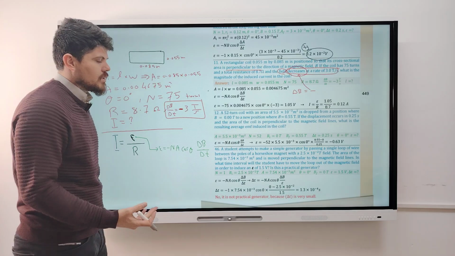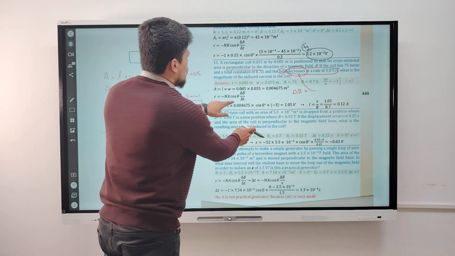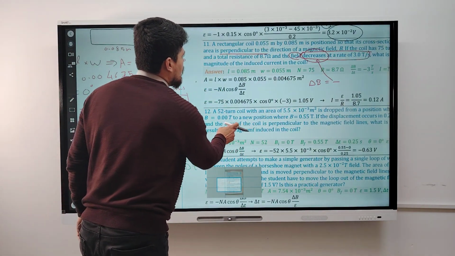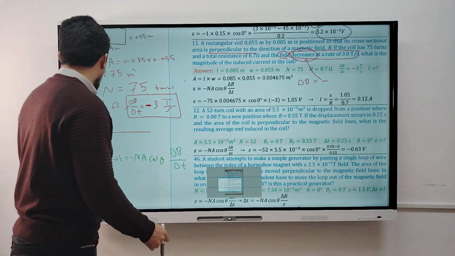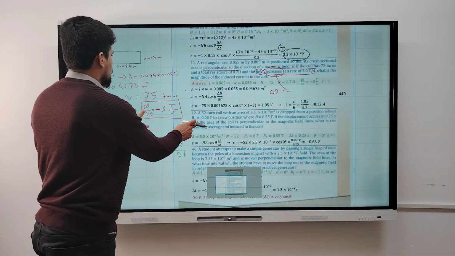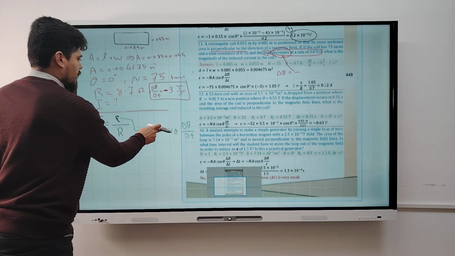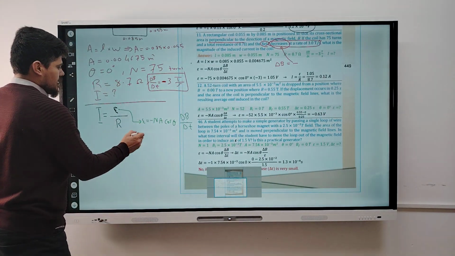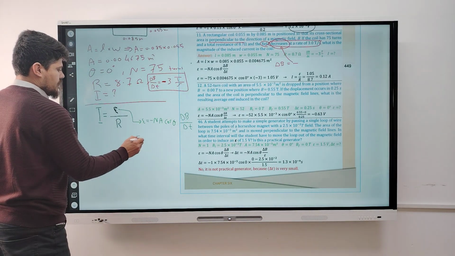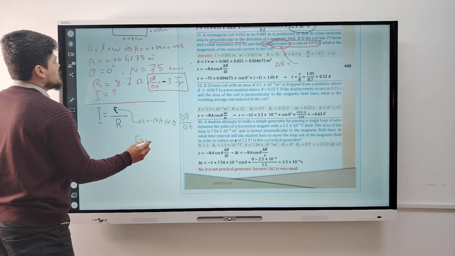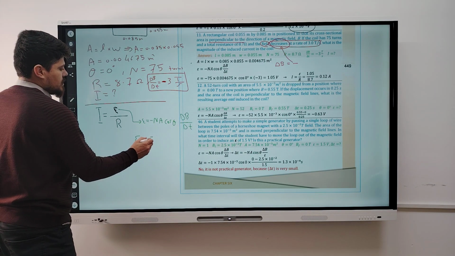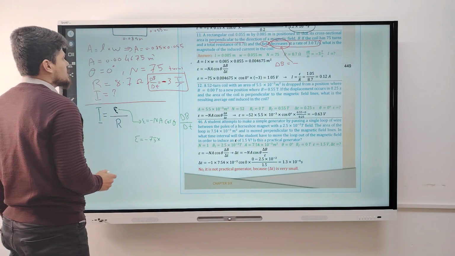So in this question, we don't have B initial and B final because delta B was given directly. Okay, replace to find EMF. Number of turns was given, 75, times the area.